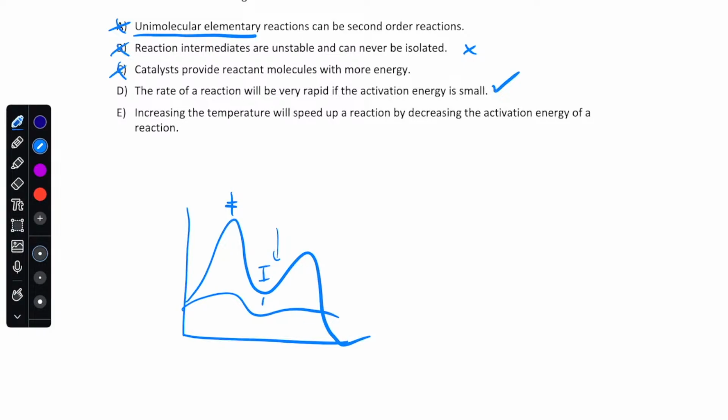Assuming you have good enough concentration, because the rate is not only a function of the rate constant, but also the frequency of collisions, which is related to concentration. The rate is equal to k times the concentration of A times whatever. So k gets higher the smaller the activation energy is, but you also need A. But yeah, that's the correct answer.